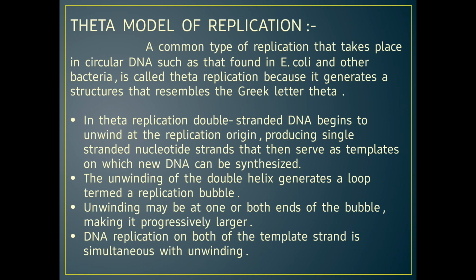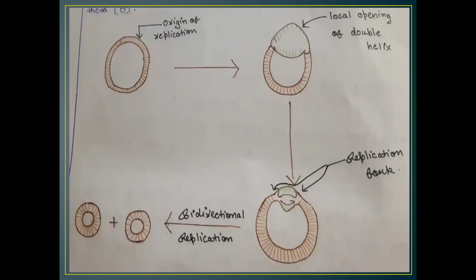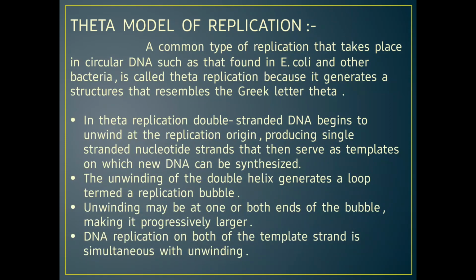Now last is our theta model of replication. The theta model is a common type of replication that takes place in circular DNA, such as in E. coli bacteria. It takes place in E. coli and other bacteria, and is called theta replication.